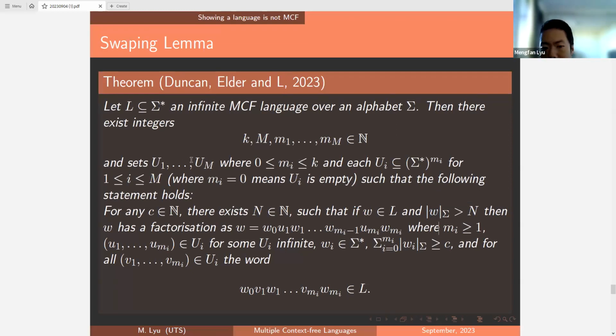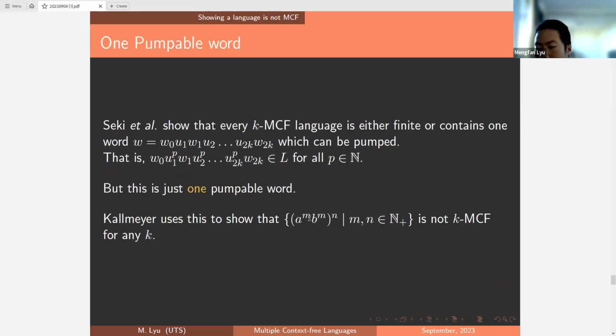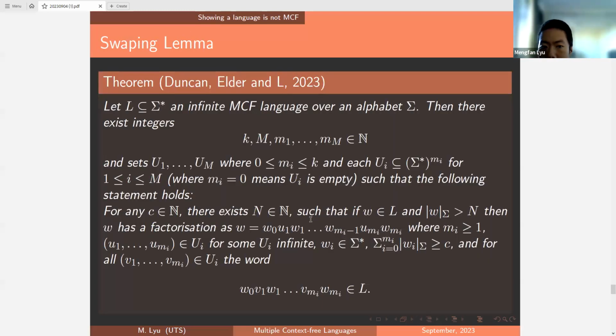We define this big U set before choosing the word, and then we can also prove that this language is not k-multiple context free by using this theorem.